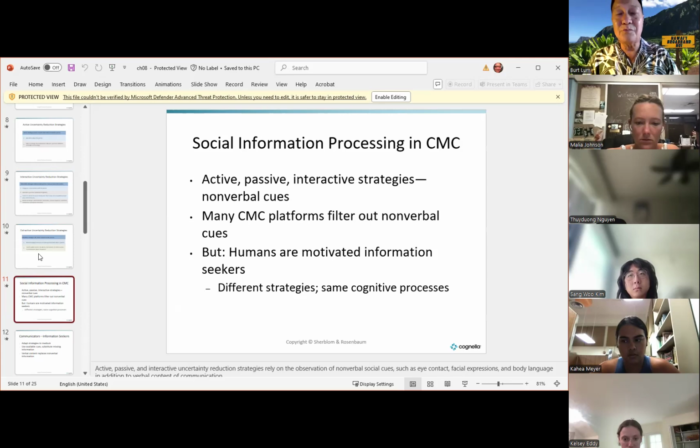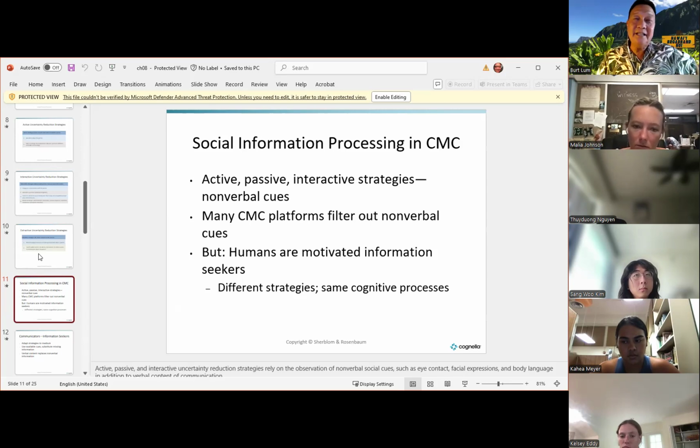Some of it might be social media, some of it might be email, text-based, phone conversations, as well as face-to-face. So, this is kind of an overview of how the face-to-face world sort of intersects with the CMC world. But it's a constantly changing and evolving environment.